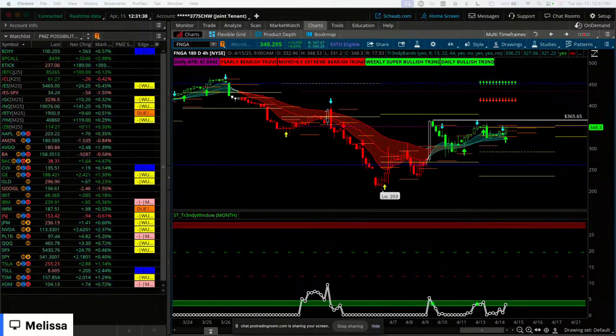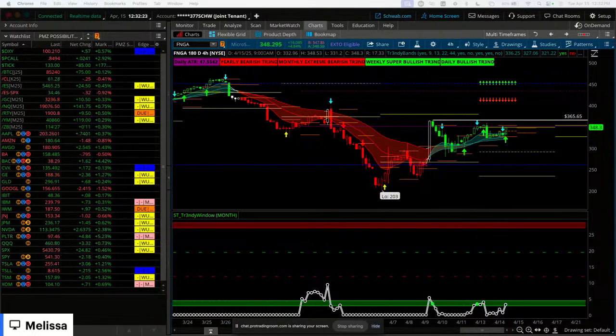Just real quick, supply and demand is an awesome strategy to use to trade this market, and it's really very, very simple. A demand zone is where we are expecting buyers to show up, and therefore, as buyers show up, the price of the stock goes up with it. And a supply zone is where we are expecting sellers to be waiting, and as a result, the price of the stock goes down. For me, I trade single leg strategies.